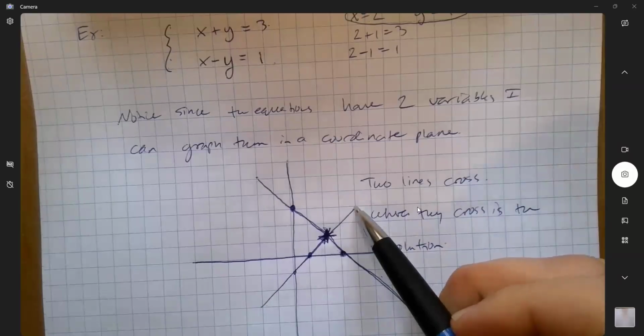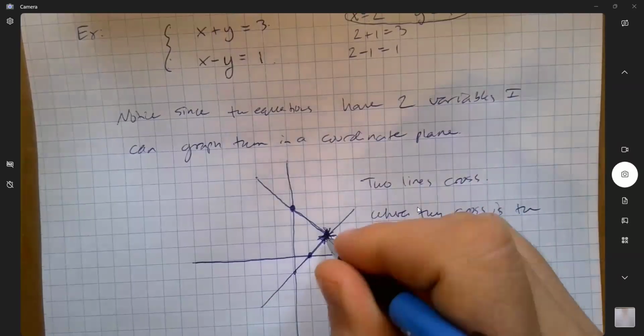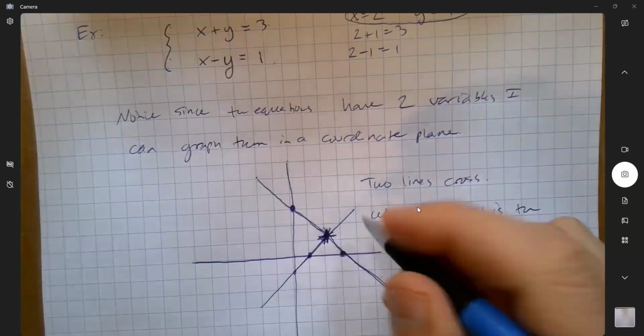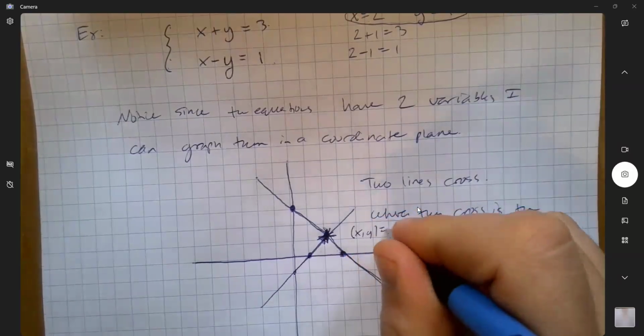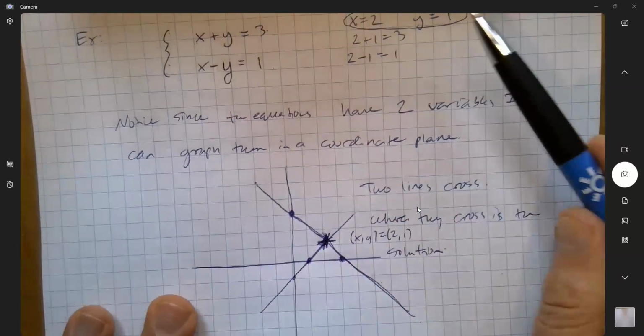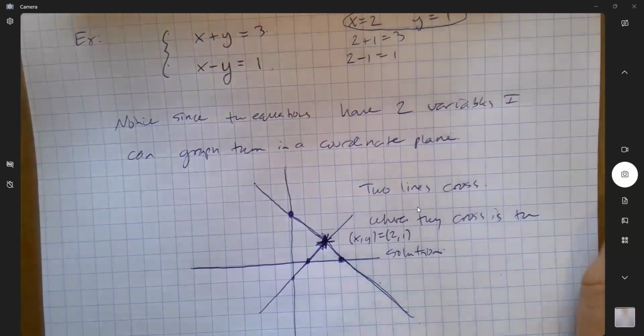And the only point that's on both of those lines is the intersection. And the coordinates of that point, although my drawing wasn't great, the coordinates of this point are xy equals 2, 1, which is exactly what I found, x equals 2, y equals 1.